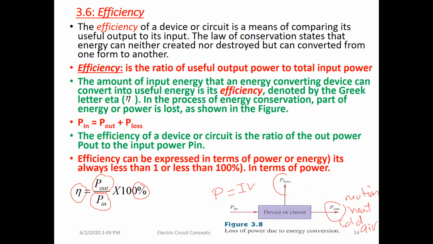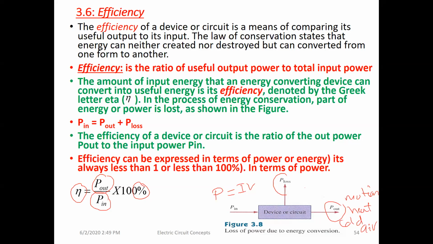Now, we have to pay attention when we plug into this formula that the units have to be the same. If this is watts, this has to be watts. If this is kilowatts, this has to be kilowatts. If it's horsepower, then both have to be either in horsepower or in watts.